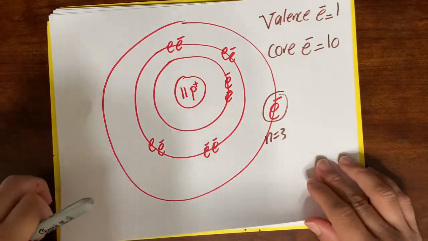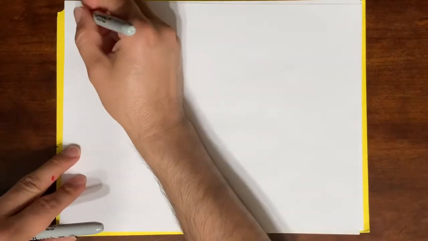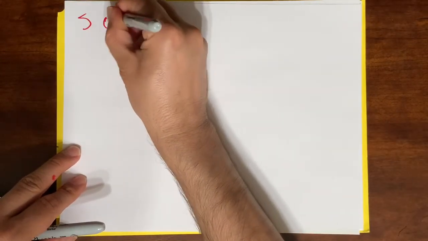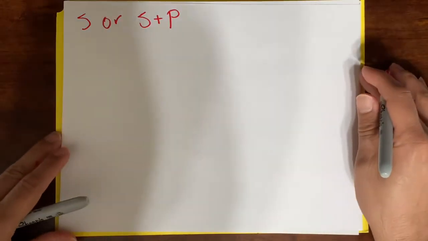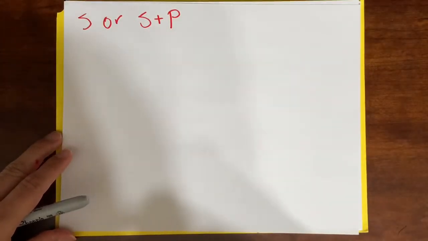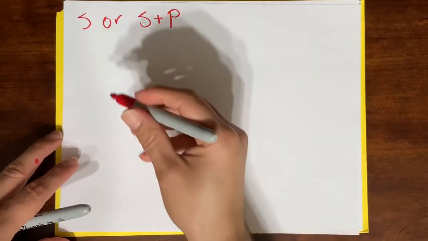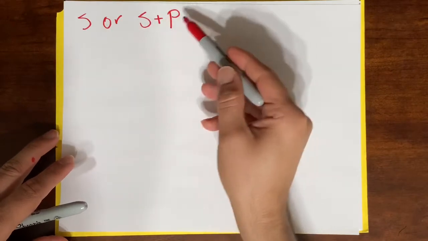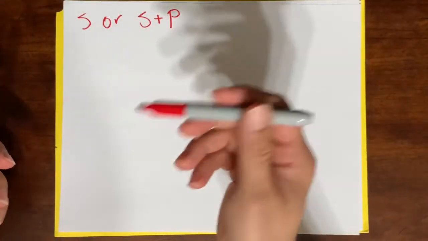I'm going to show core and valence electrons through electron configuration. If you are dealing with an element whose last orbital is s or s plus p, just add the electrons of s to p, and that will give you the number of valence electrons.